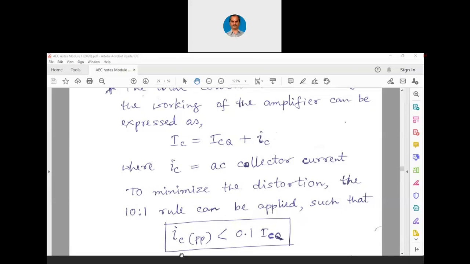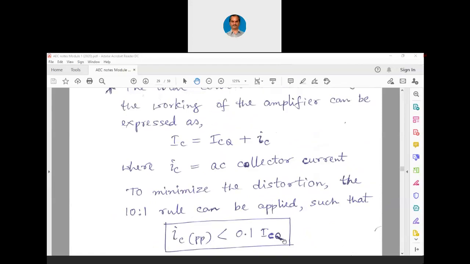The AC current can be much smaller, less than 10% of the DC current. In such a case, we can safely say that it is a small signal operation, where the input signal is only 10% of the DC current. Then the Q point will not be affected much. So, that is the general methodology for minimizing the distortion.